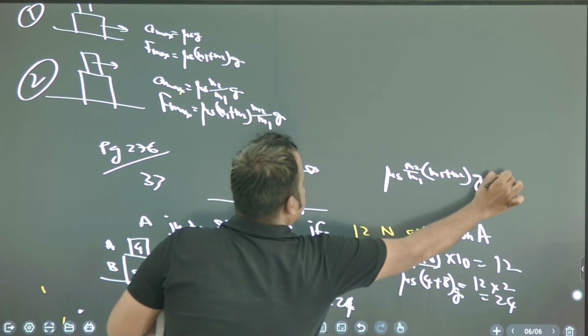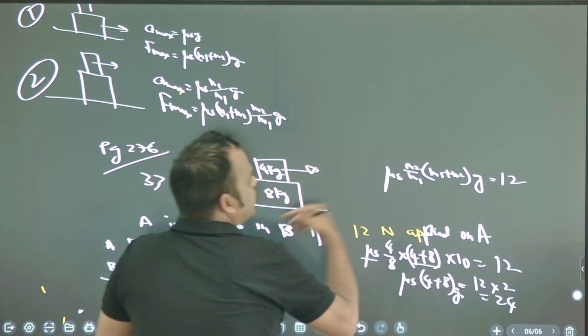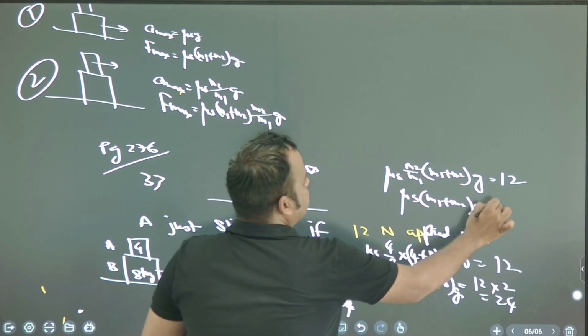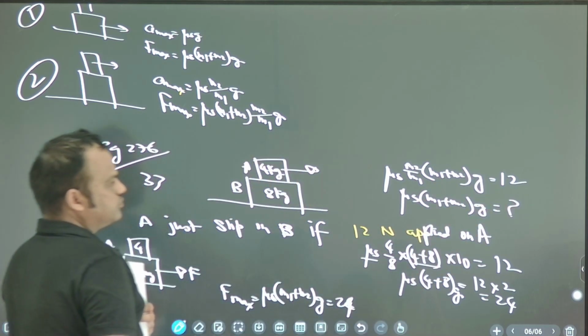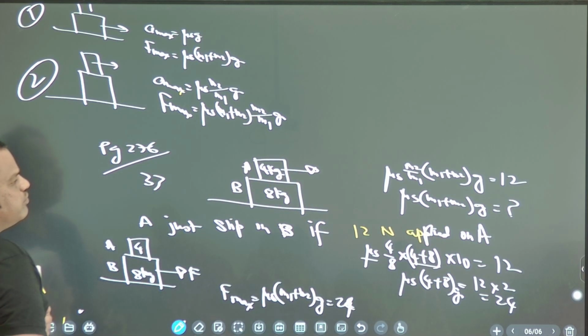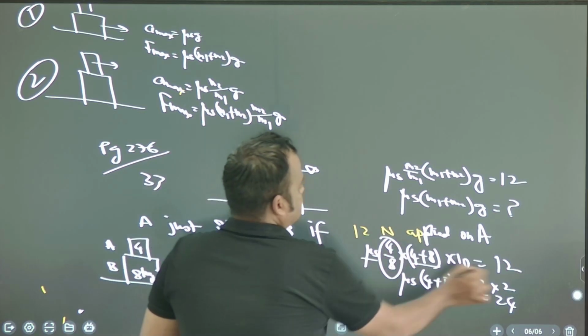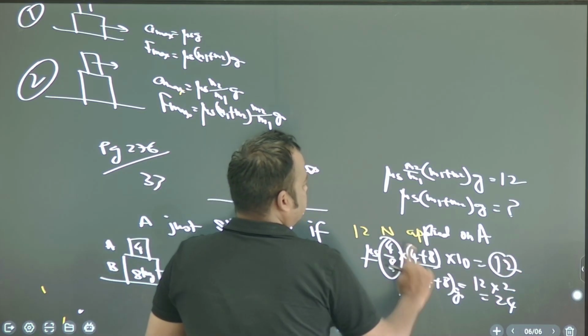This is given as 12, and they are asking mu s (M1 plus M2) into g. So it is 12 M1 by M2.